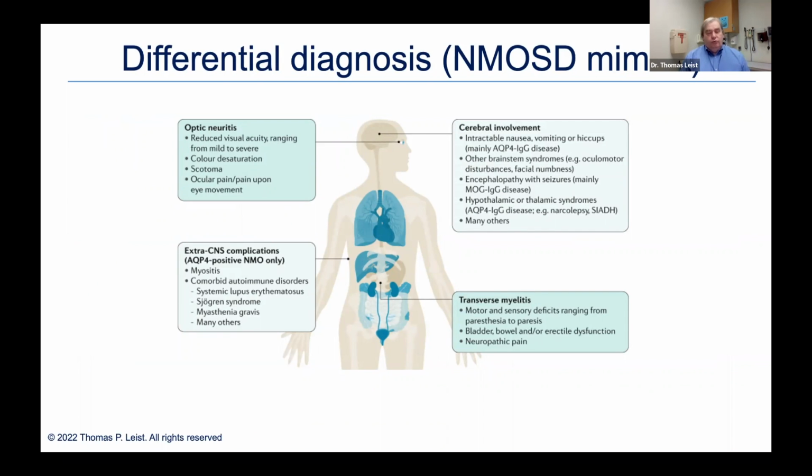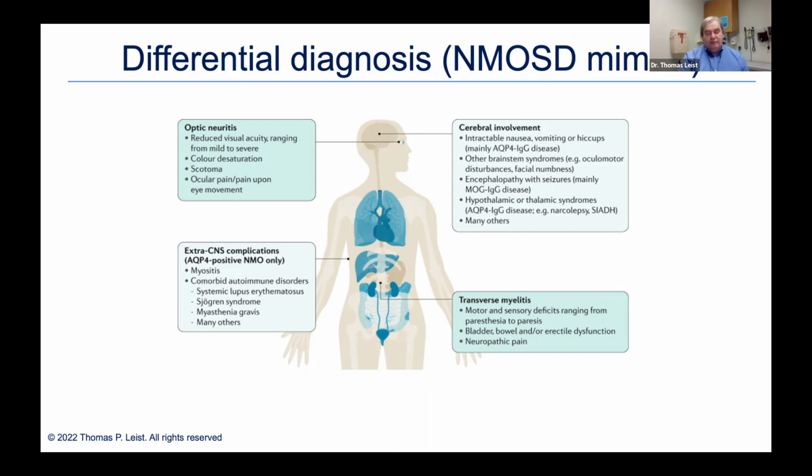It's very important to know that in neuromyelitis optica, there are other conditions that need to be ruled out. And it's also important to note, as I already mentioned, that with neuromyelitis optica that is aquaporin 4 antibody positive, second autoimmune diseases are more frequent and can, in a certain way, contribute to the presentation of the individual.